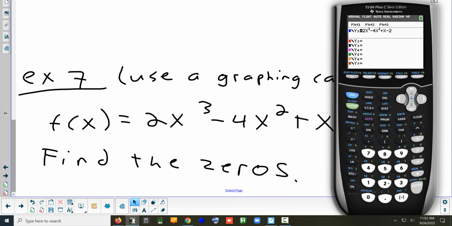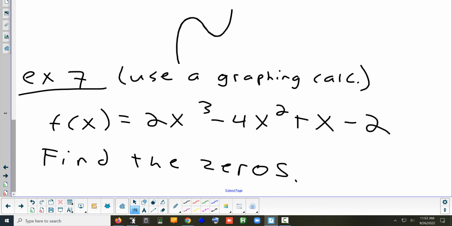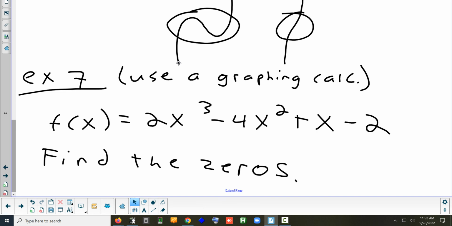So what I'm looking for is basically one of two things to happen in the middle of this function. It's a cubic. It's either going to turn and do something like that, or it's just going to have a bend. I need to find the bend or the turns. Until I find those, I don't know how many times it crosses. That's what I'm looking for. One of these two things.